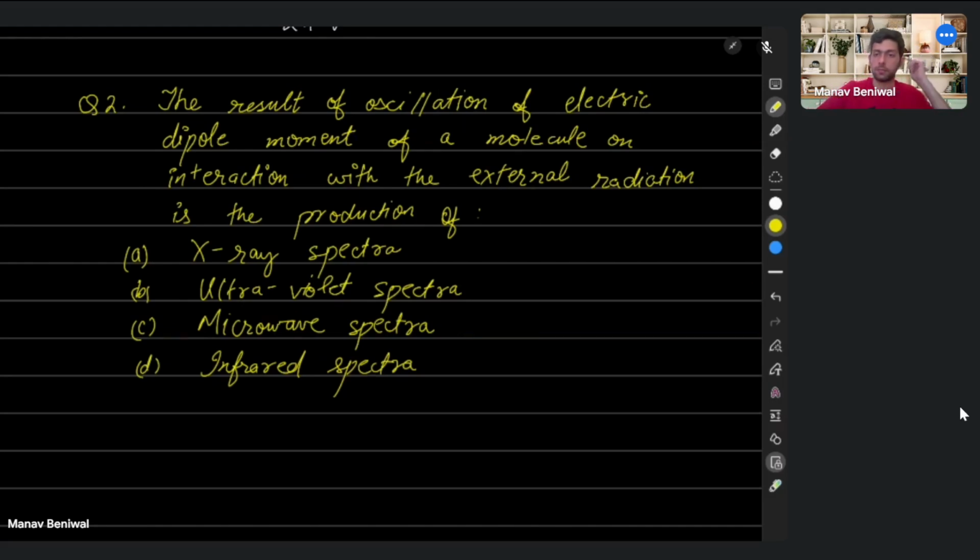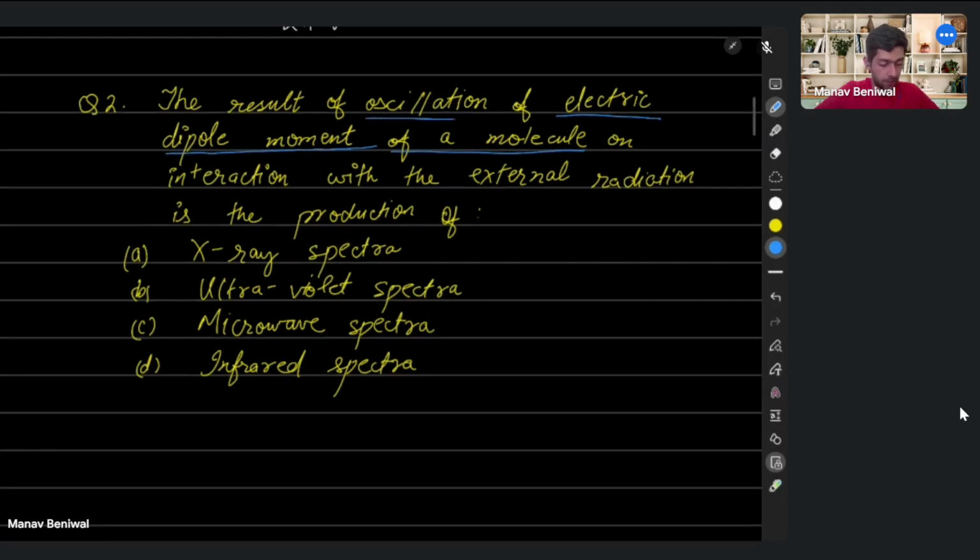Okay, so this is our second problem, and the problem reads: the result of oscillation of electric dipole moment. So we have an electric dipole moment of a molecule, and it is oscillating.